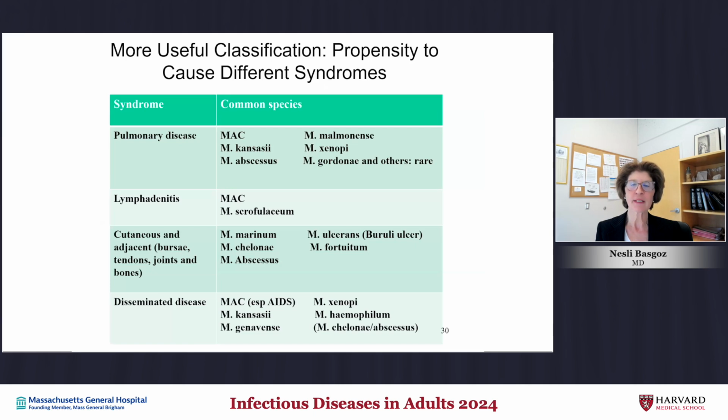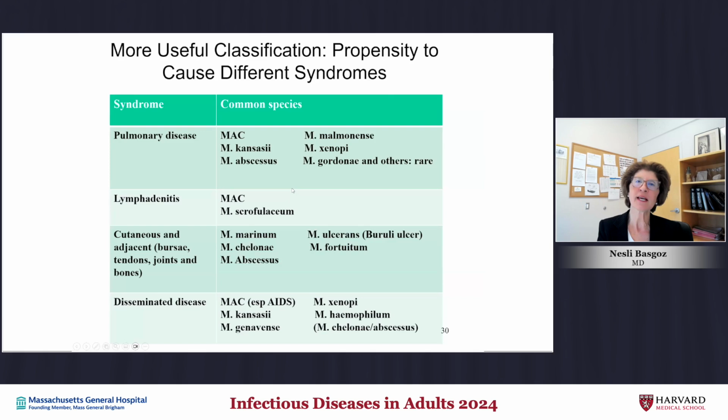Here's a schematic of common species associated with different syndromes. Pulmonary disease, most often MAC, M. kansasii, and M. abscessus, with others less common and sometimes regional. Lymphadenitis is also most commonly MAC, but particularly in children, scrofulaceum.